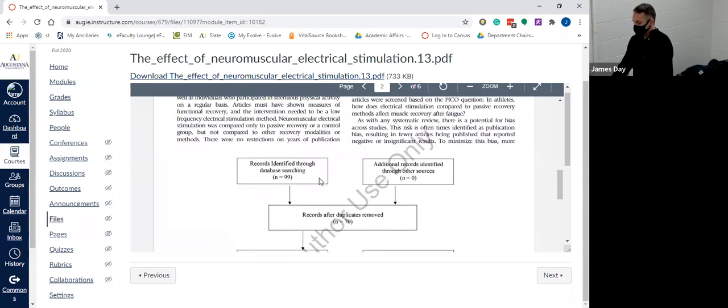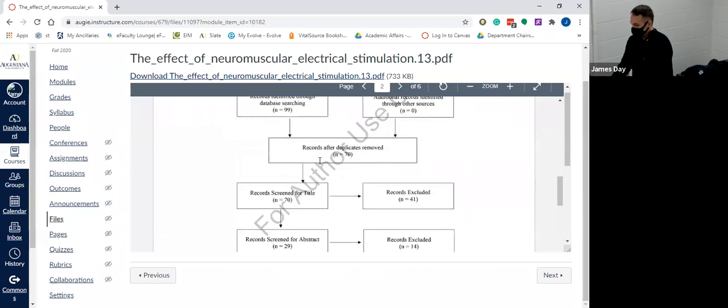So you can see about 99 articles were identified. There were 29 that were duplicates.